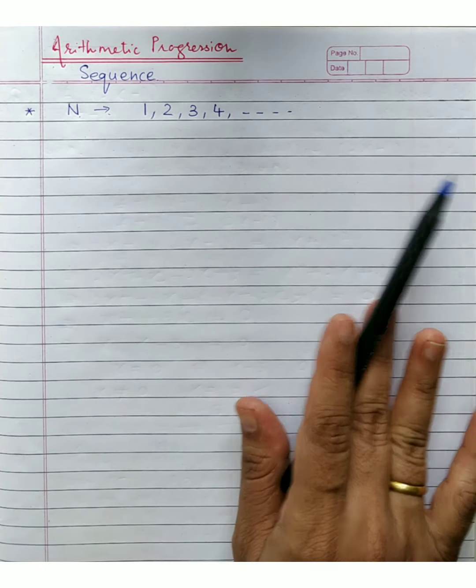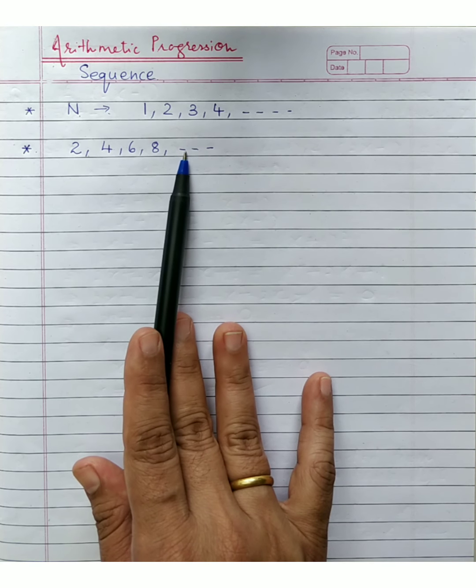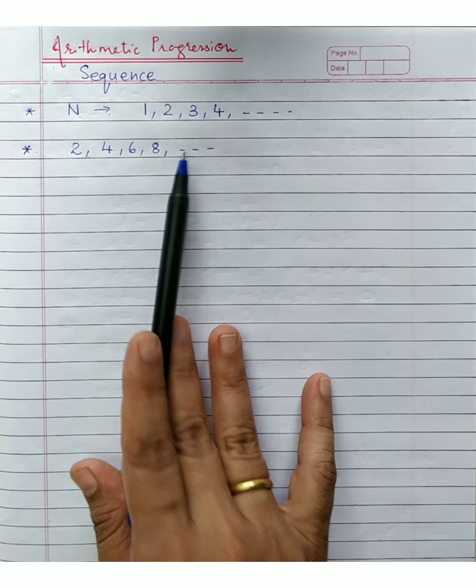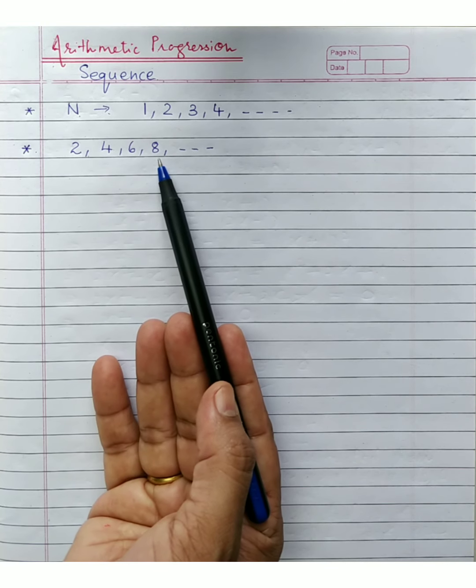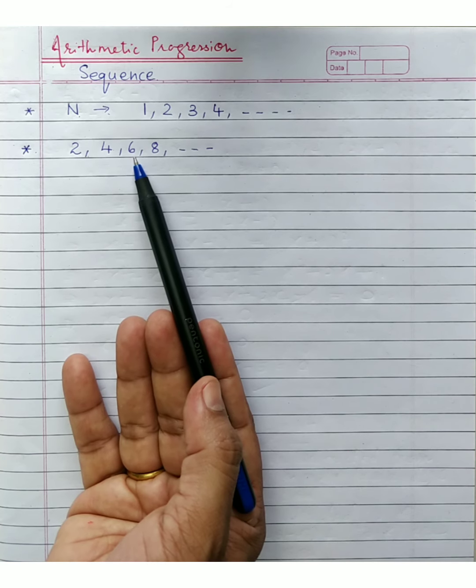Here also observe the pattern. First number 2, plus 2 is 4, plus 2 is 6, plus 2 is 8, and so on. So here also we can find the next term. After 8, the next term can be found. If I ask you the previous term, you can tell me immediately: 8 minus 2 is 6.